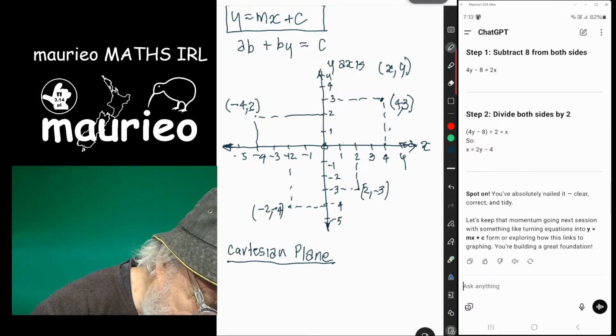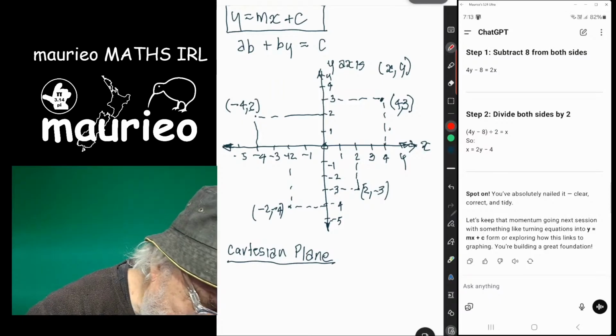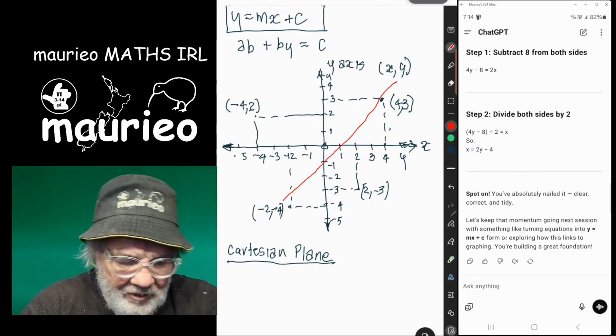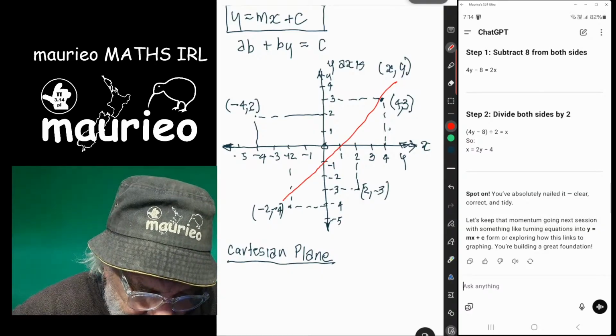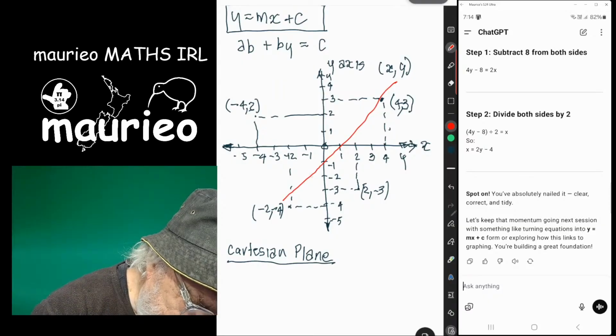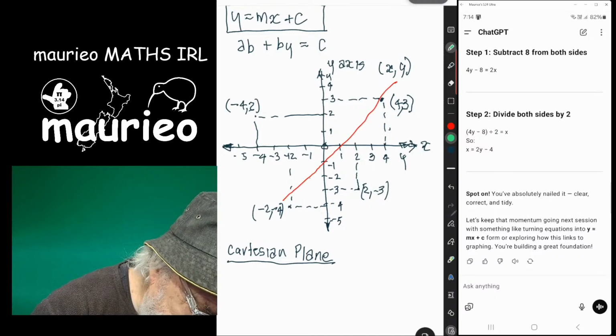Now, if we then draw a line, like that, you can see that there'd be various points on the line, or the line is a series of points.